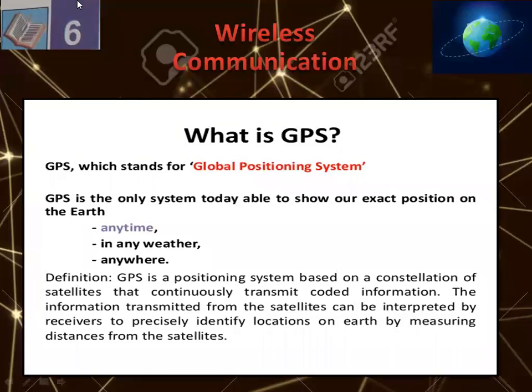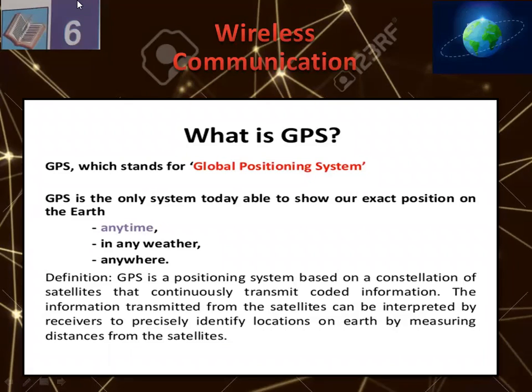What is GPS? GPS stands for Global Positioning System. GPS is the only system today able to show our exact position on the earth, anytime, in any weather, anywhere. So the definition of GPS is a positioning system based on a constellation of satellites that continuously transmit coded information.